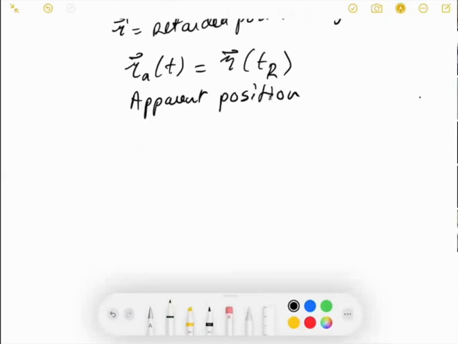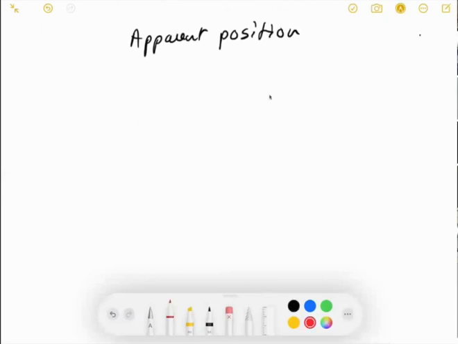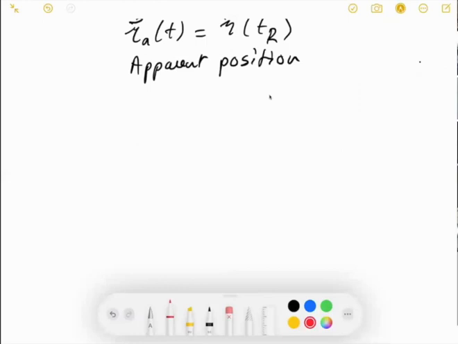Now, once we put all of these things in, we're looking at the electric field and magnetic field of a point charge that's moving with some velocity. So let's say we move some point charge with some velocity v.